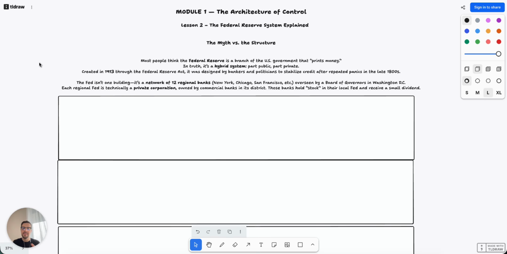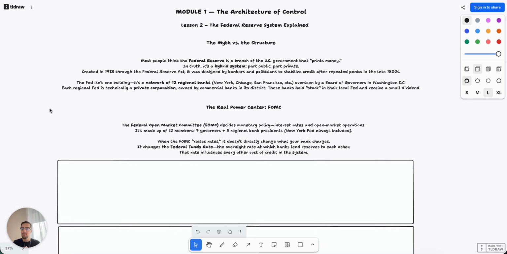You can already see where I'm going: most of the interests the Fed is covering are based on and for the banking cartels, and definitely not the people. Those banks hold stock, so to speak, in their local Fed and receive a small dividend.